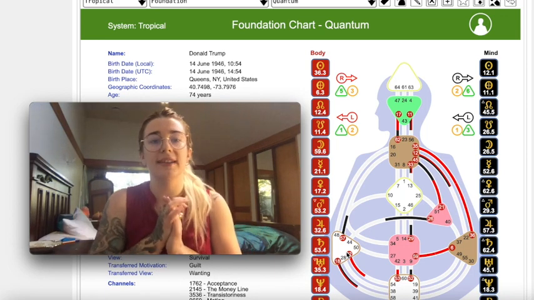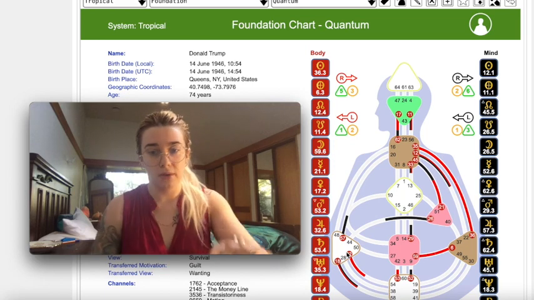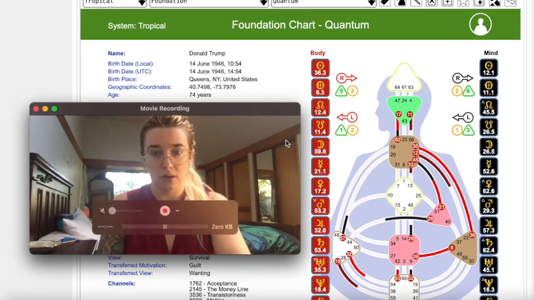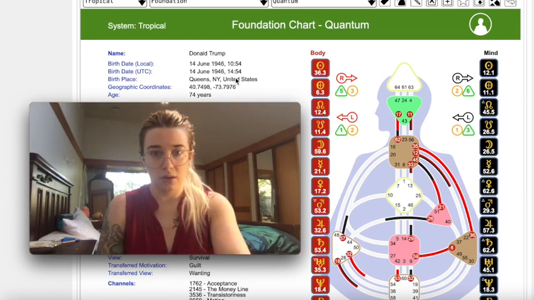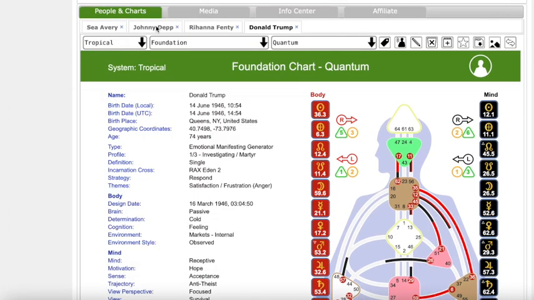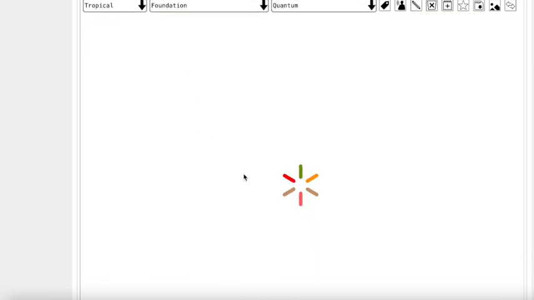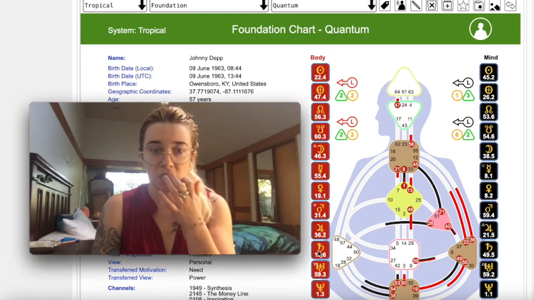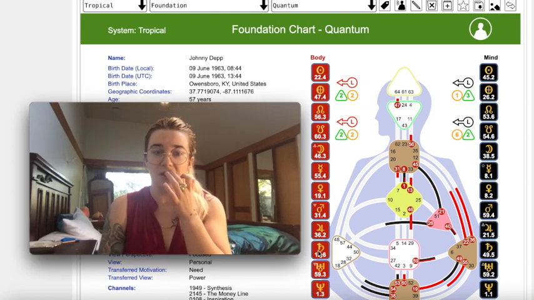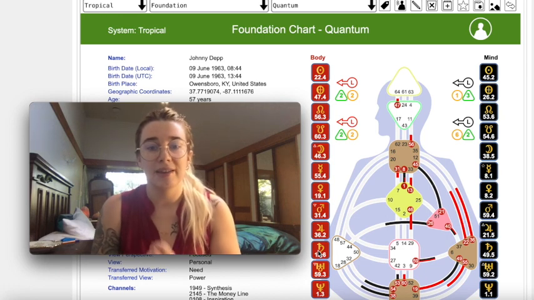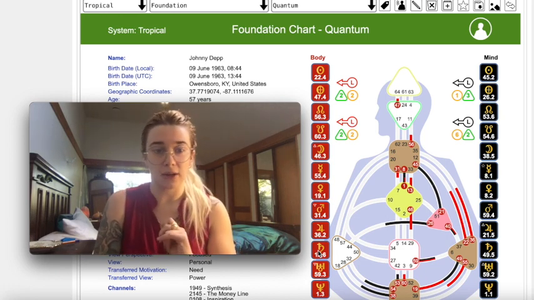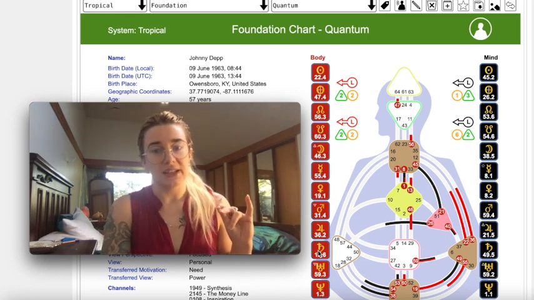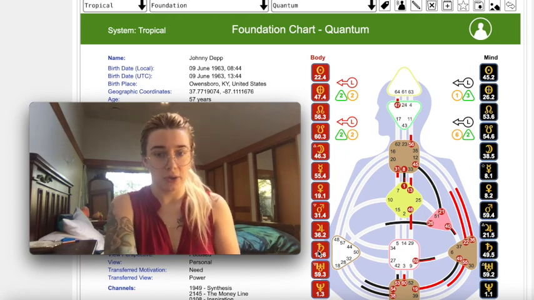Now let's quickly jump over to Depp. Okay, so you guys, Depp is really interesting because the first thing we notice is he does not have a defined sacral.